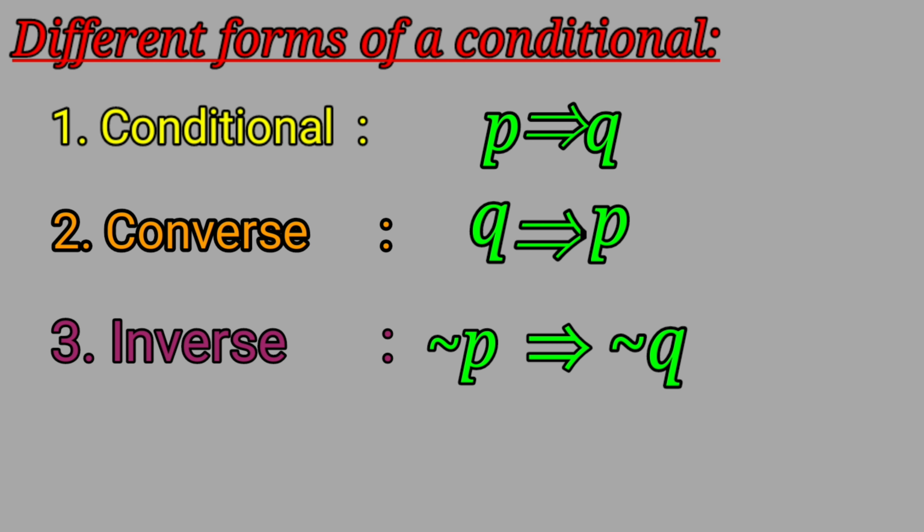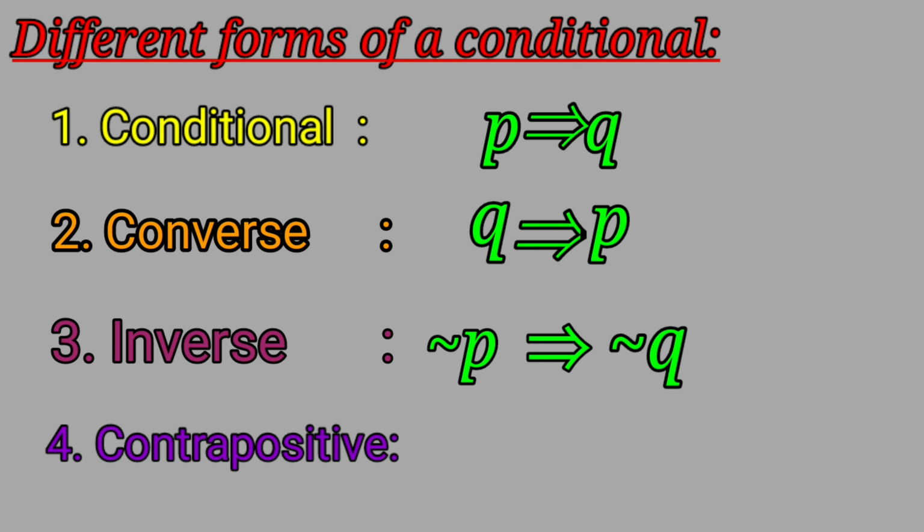And the next one, that is contrapositive. For this, if you take the inverse of the converse or the converse of the inverse, you will get contrapositive. That is negation Q implies negation P. So, my dear students, these are the different forms of a conditional statement.